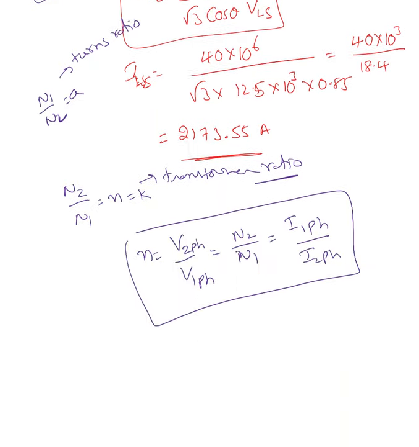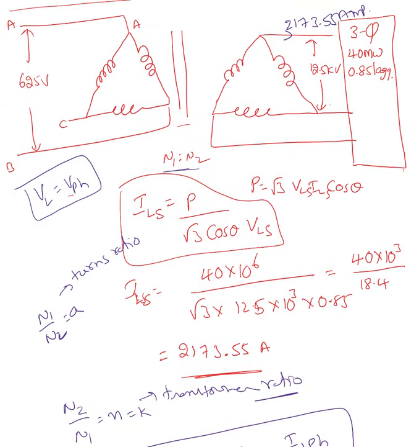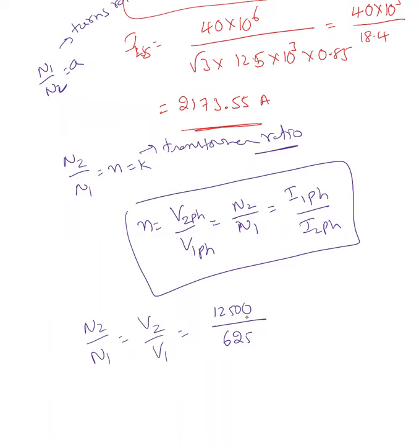So N2 over N1 equal to V2 over V1. V2 I have 12.5K, so 12,500, divided by V1 is 625. Actually, the V1 is not 625 volt, it is 625 kV. My apologies, so I'm going to correct that, 625 kV.